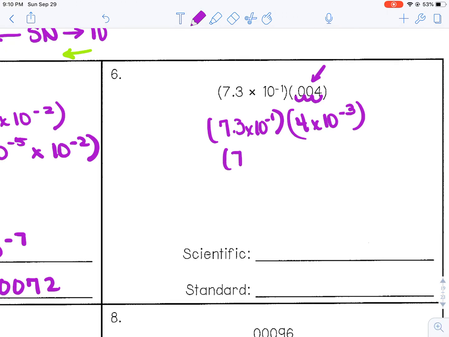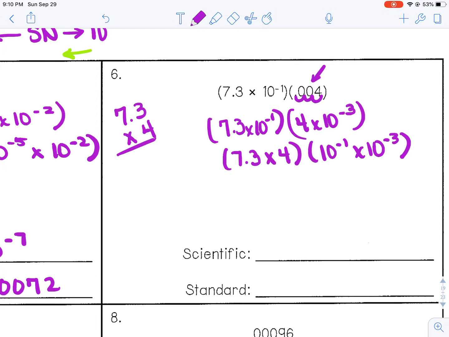Okay, I'm going to go ahead and regroup. Okay, and let's do the multiplication. 7.3 times 4. 4 times 3 is 12, carry the 1. 7 times 4 is 28, plus 1 is 29.